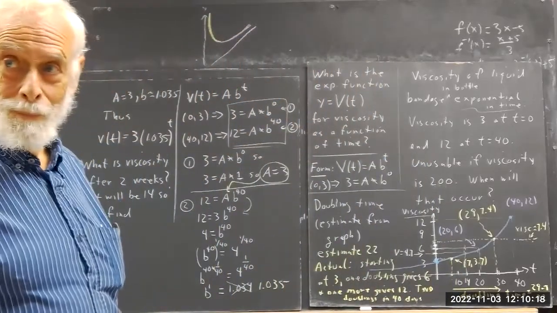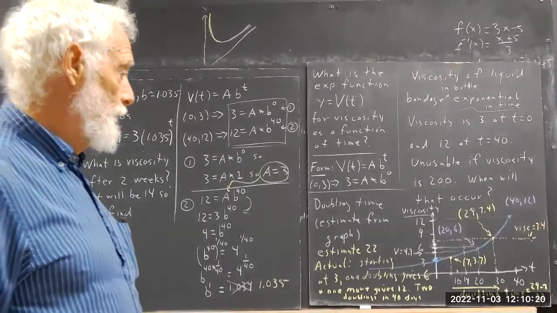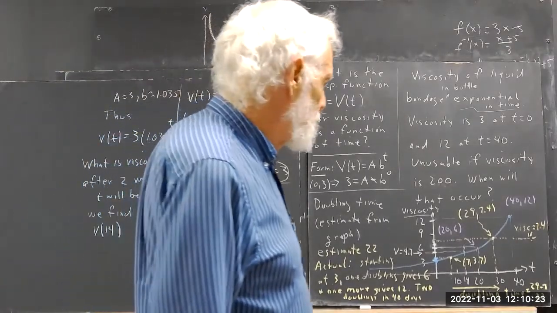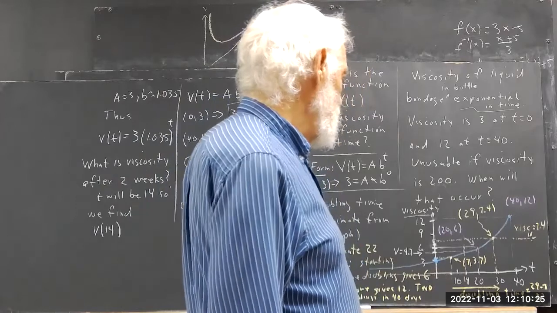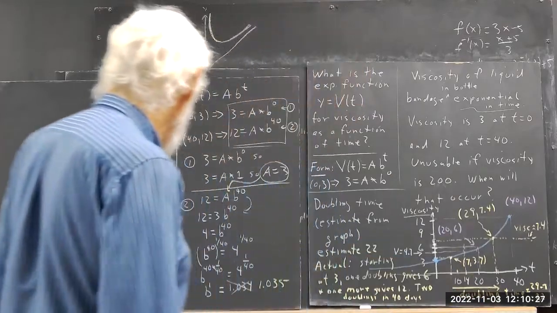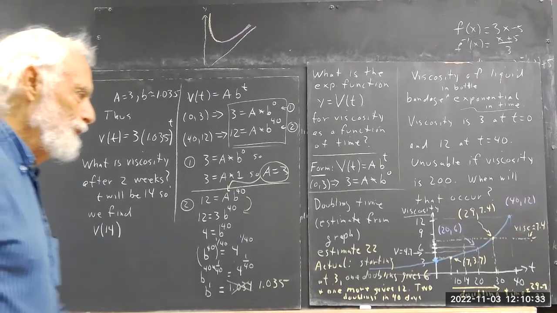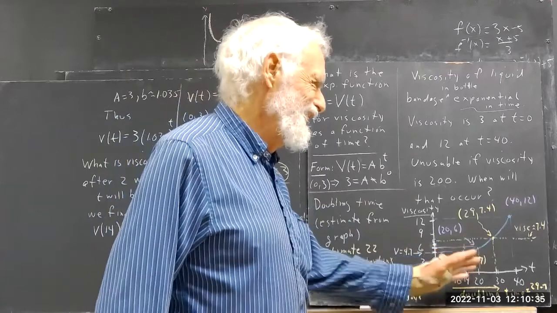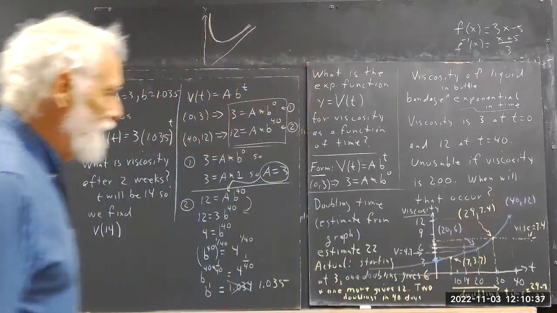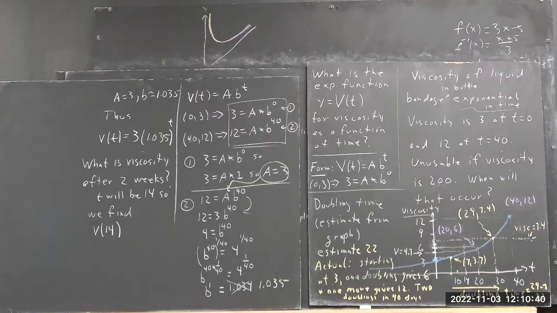Now, knowing a little bit about exponential functions, we have a little, and never mind, I'm not going to use that. It'll take you too long and I'll mess it up. Okay, so at least from the graph, I'm estimating 4.7. Now, my graph is a little too flat here, and then it kind of has a kink in it here. So I don't have a huge amount of faith in this estimate. But what did you get?